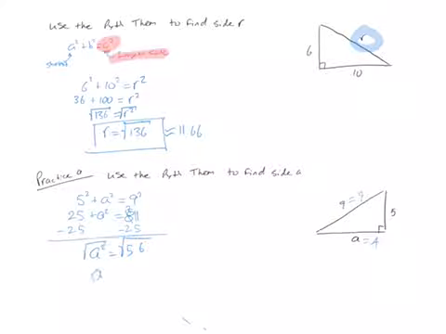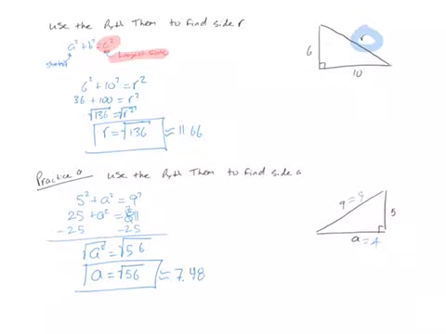It's going to give me A is equal to the square root of 56, which is approximately equal to 7.483314773547, etc. Alright, so that's the basic idea on how to do that.